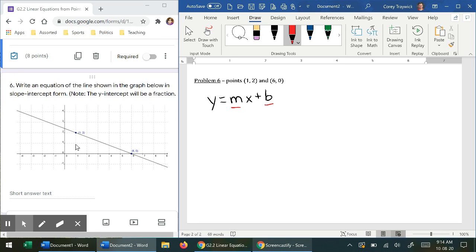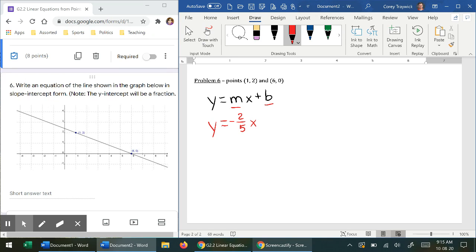Since this is going down, we're going to make it negative. It goes down 2 squares, and it goes to the right 1, 2, 3, 4, 5 squares. That is negative 2 over 5. So in our equation, y equals negative 2 over 5x.